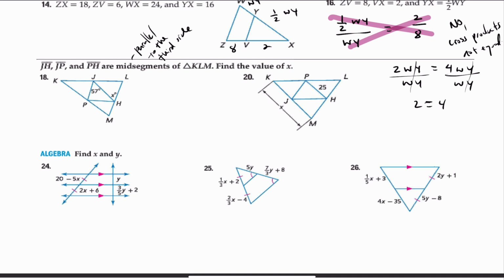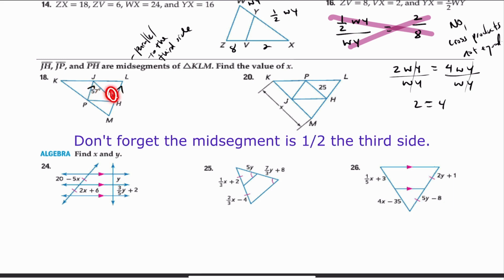So we say that JH and JP and also PH are the mid-segments of triangle KLM. You can say that for this problem here, JP is parallel to its third side. So if this is 57, how long is this and why? And then you can go ahead and figure out 20 on your own.